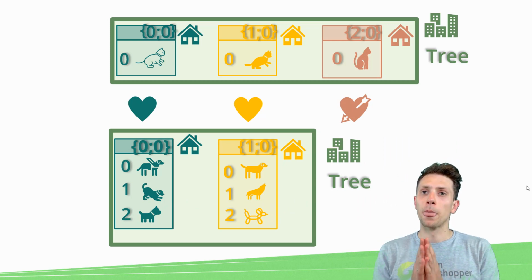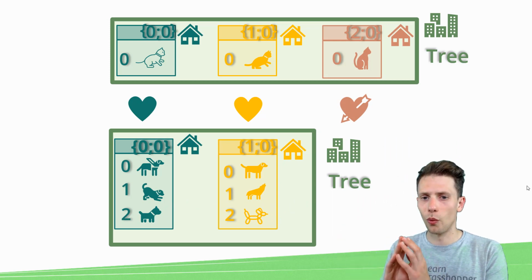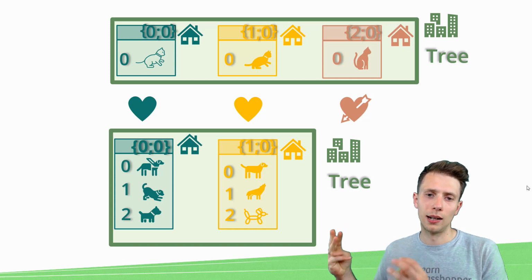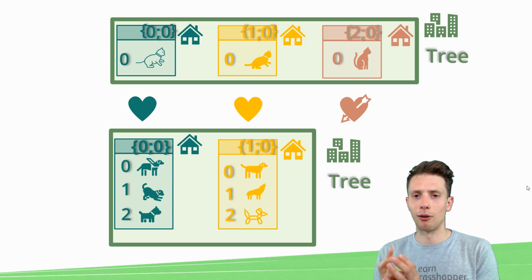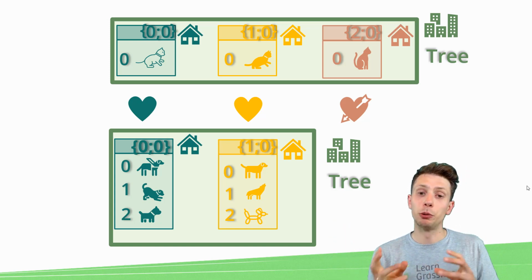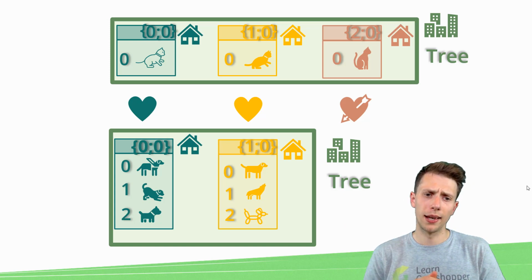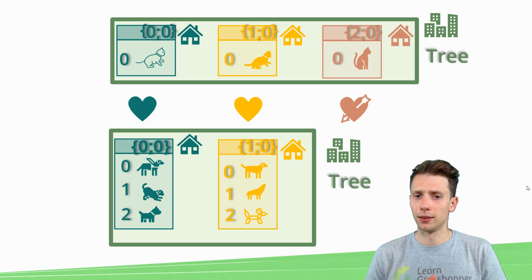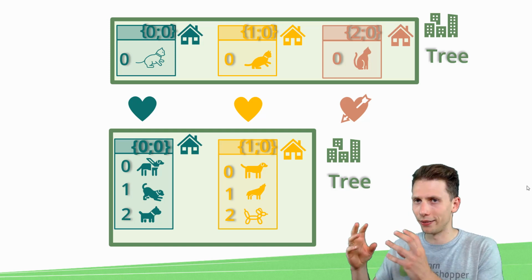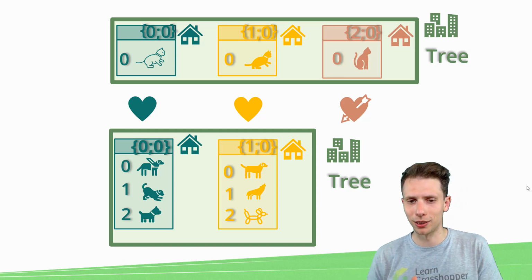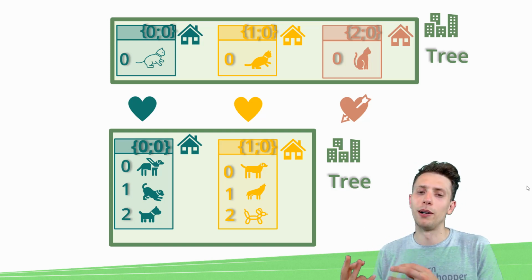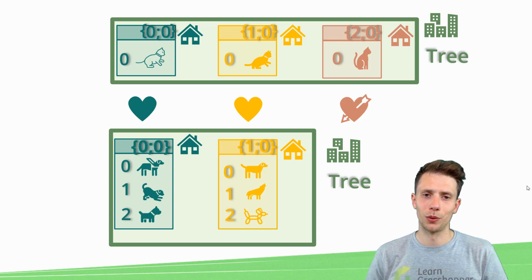So we cut our last house, and we move the dogs to separate houses. We still have a city that contains two houses, and we moved our dogs from one house to another.